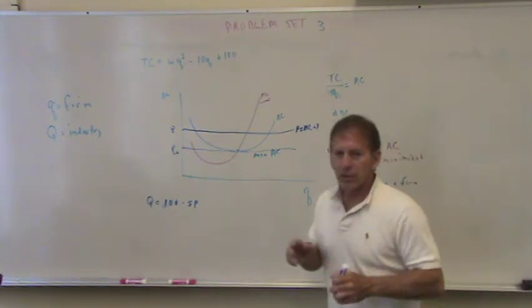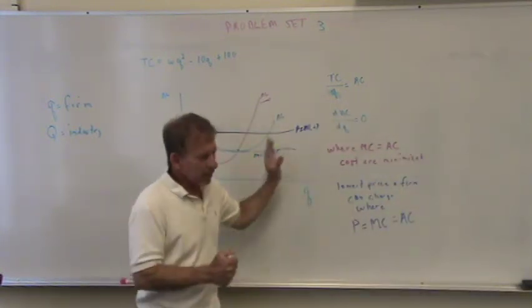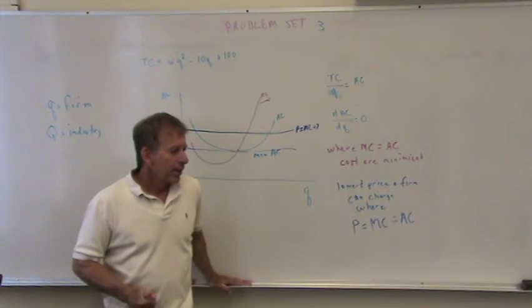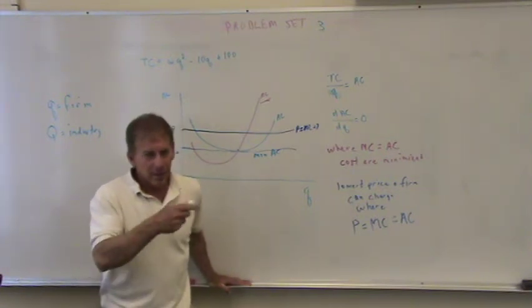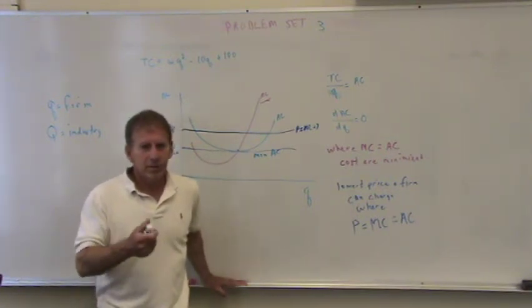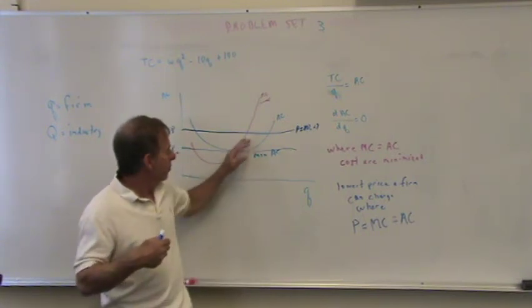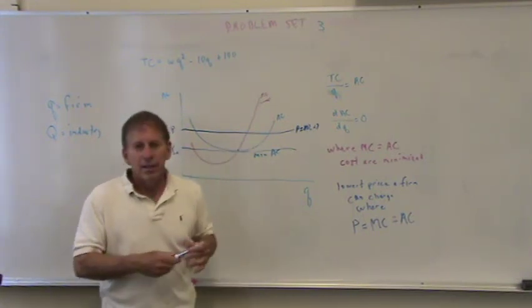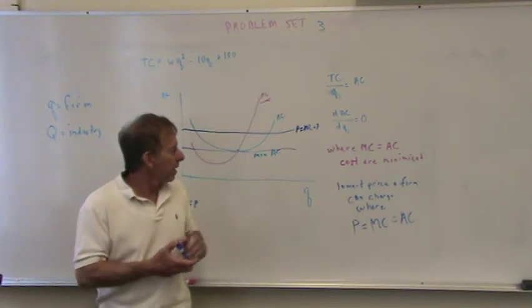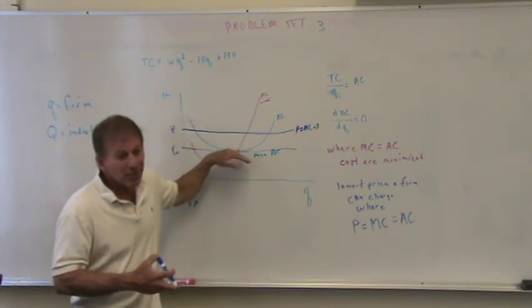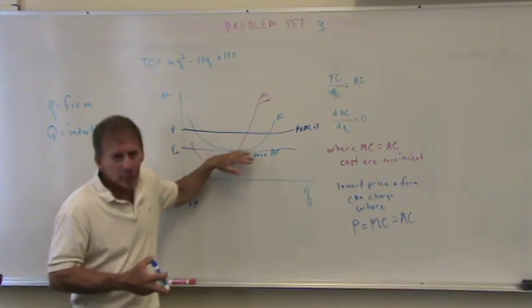Those are the cues you're looking for to be able to solve problem set number 3. There are also some examples you can look at in terms of how to minimize costs and find the cost minimization point, and everything basically revolves around that one point right there.